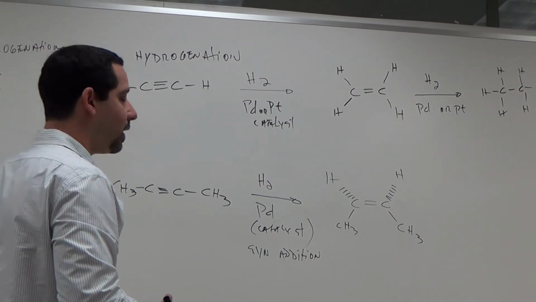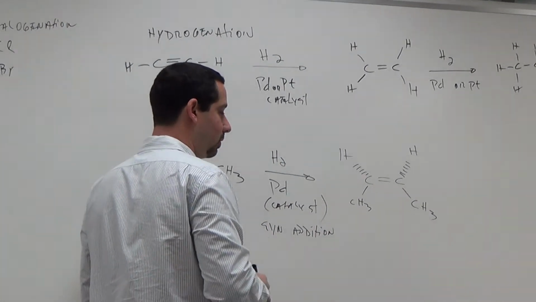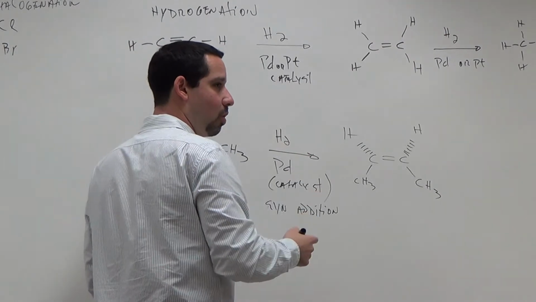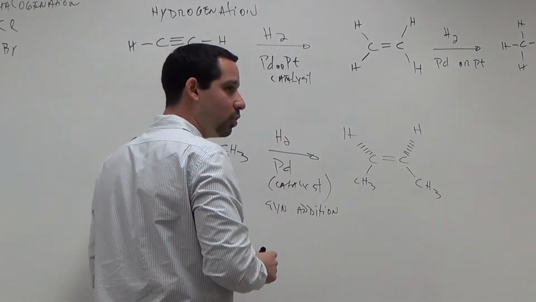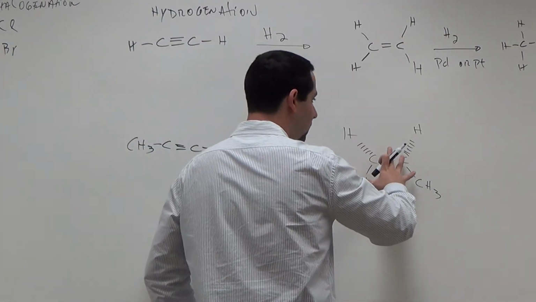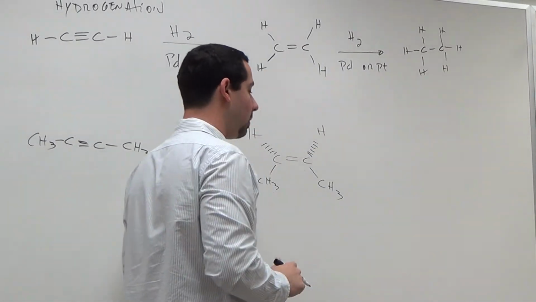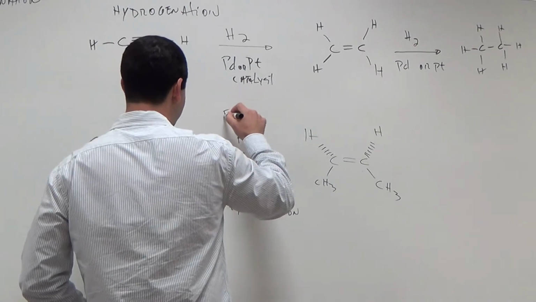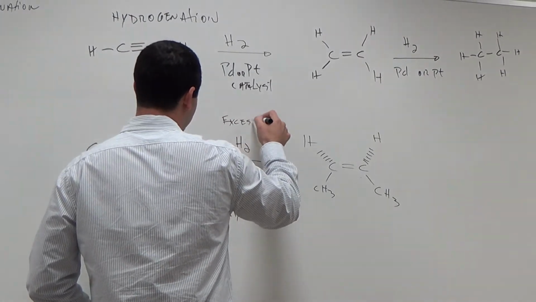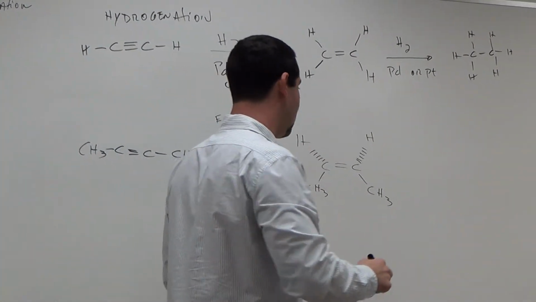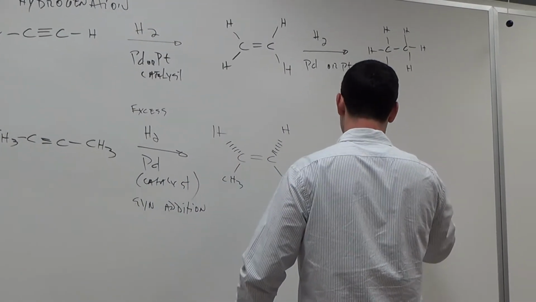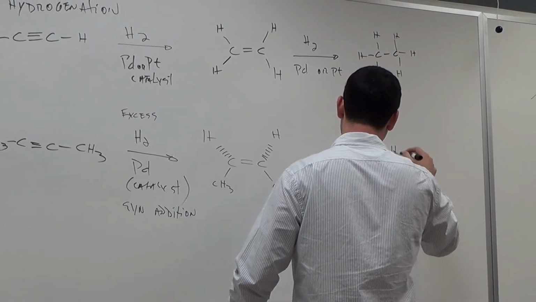So if I tell you on the test that I am adding excess, or I say 2 moles of this, you are not going to stop at the alkene, you are going to stop at the alkane. If I say excess, you can know that the first addition is there, but eventually this will go to the alkane.